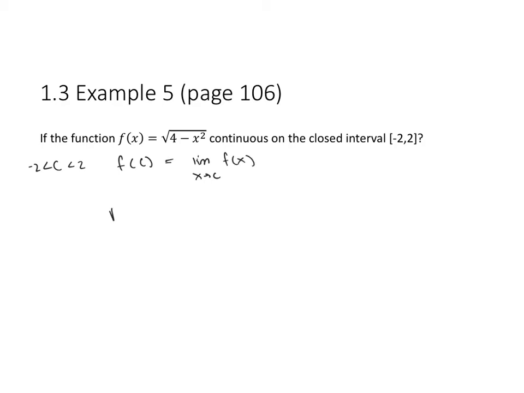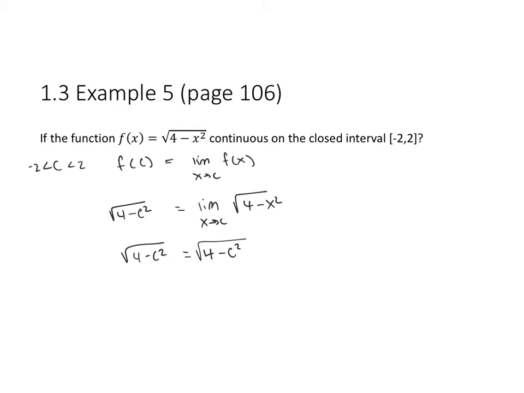F of c is going to be the square root of 4 minus c squared. And let's take a look at the limit as x goes to c of the square root of 4 minus x squared. We can do direct substitution of 4 minus c squared, all in my square root, and yep, those look exactly the same. So for any number in between -2 and +2, it looks like the limit is going to be the function value.